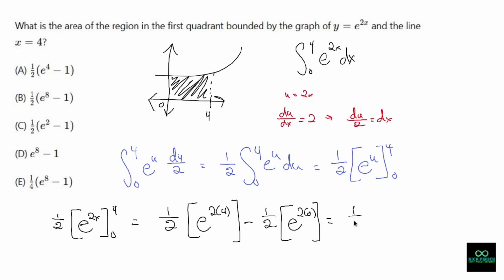Which is 1/2 e to the 8th minus 2 times 0 is 0, so 1/2 e to the 0 is 1/2. And what I could do here is I could pull out the 1/2, and I'm left with e to the 8 minus 1, which is going to be b.